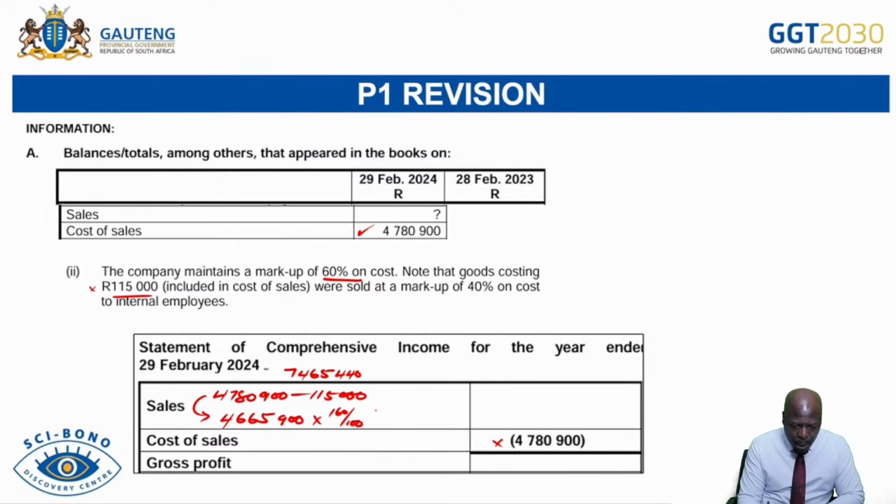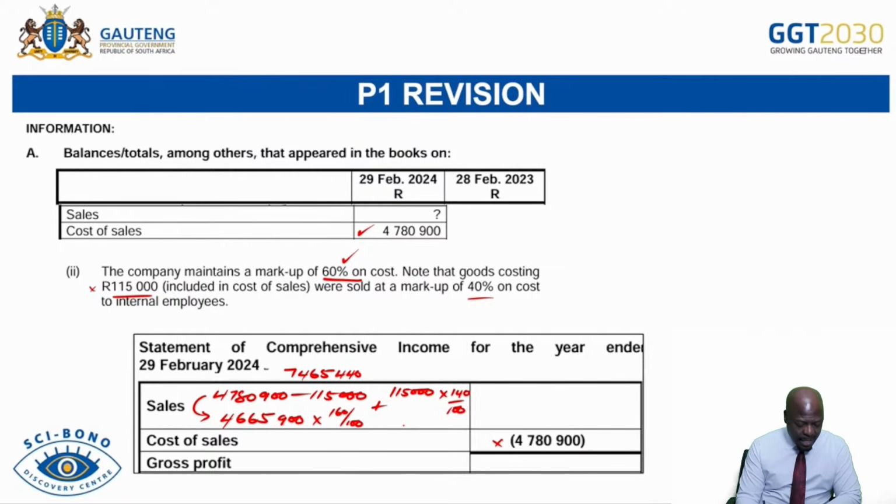And then you come and say that amount plus. Remember, we have goods which have a cost price of 115,000. And these goods were not sold at the 60% markup as others. They were sold at only 40%. So you say these goods of 115,000 multiplied by 140 over 100.